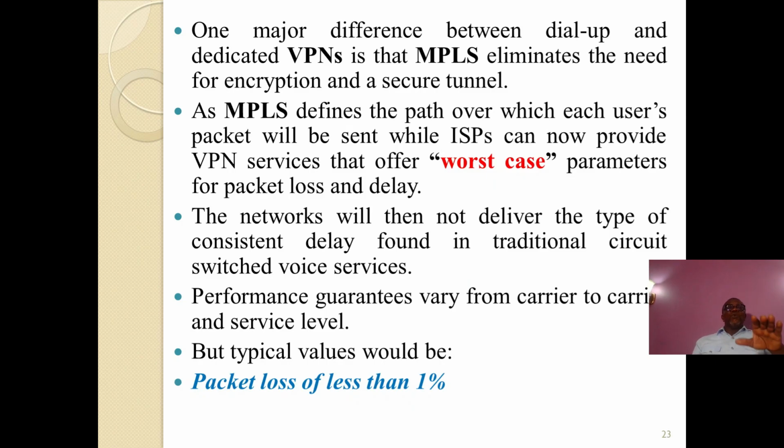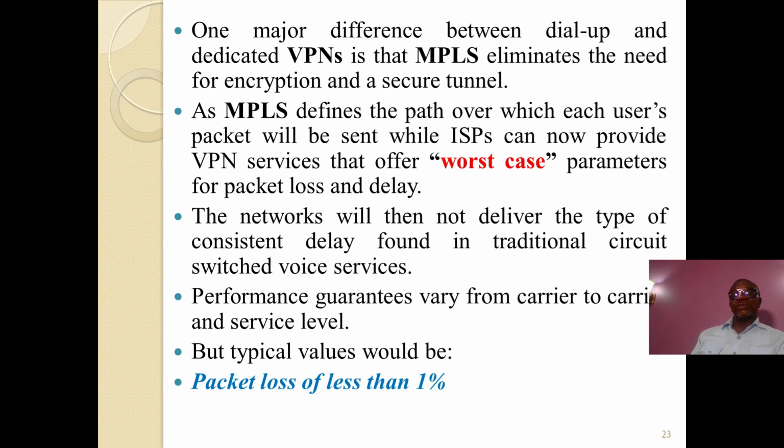Now, one major difference between the dial-up and the dedicated VPN is that MPLS eliminates the need for encryption and a secure tunnel, as MPLS defines the path over which each user's packet will be sent, while ISPs can now provide VPN services that offer worst-case parameters for packet loss and delays.